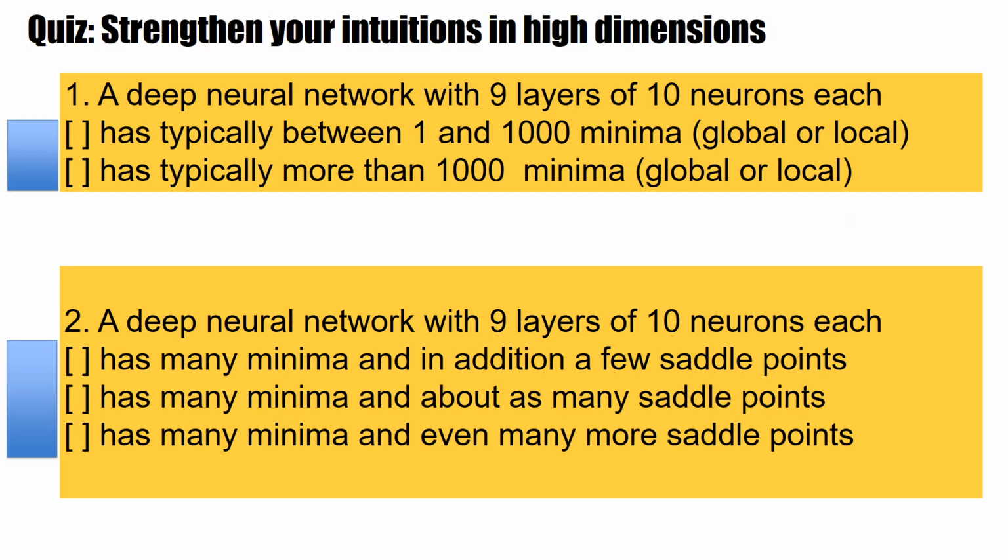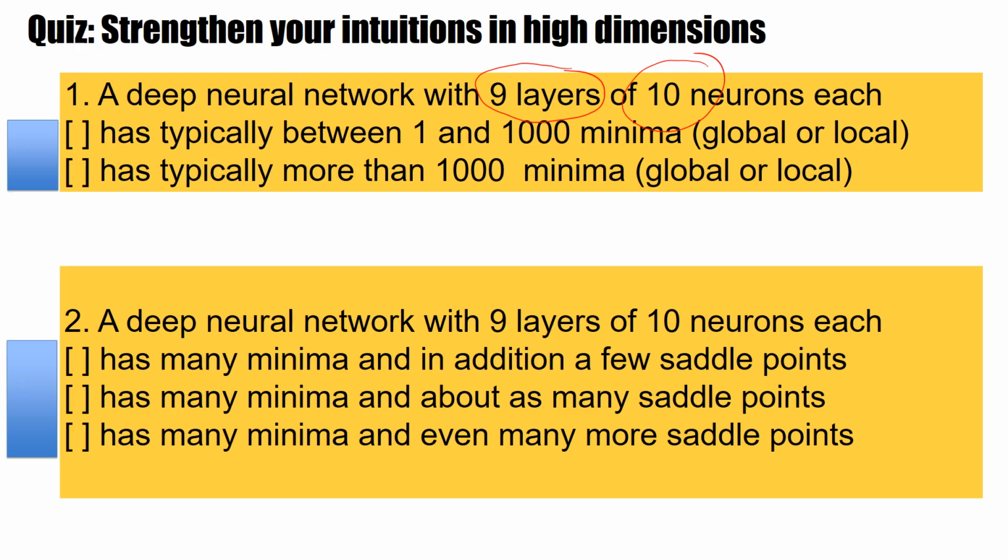And now, in order to strengthen your intuitions, I would like to ask you how many minima and saddle points are there. And we will consider a network with 9 layers and 10 neurons in each of the layers. And here's a proposition. A deep neural network with 9 layers and 10 neurons each has typically between 1 and 1,000 minima.